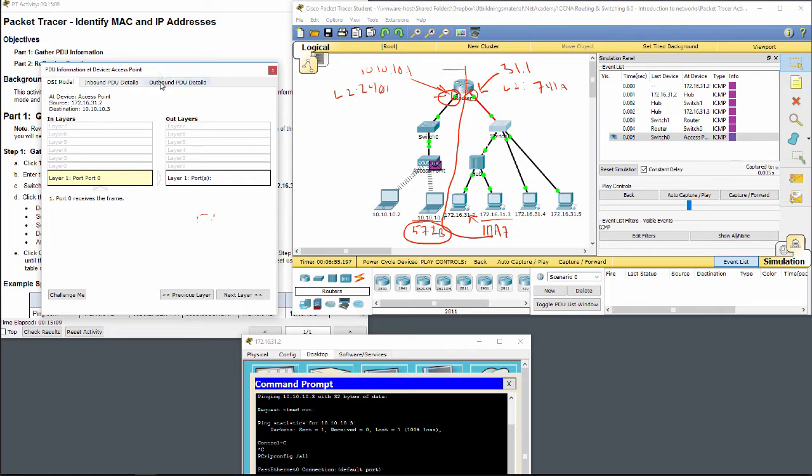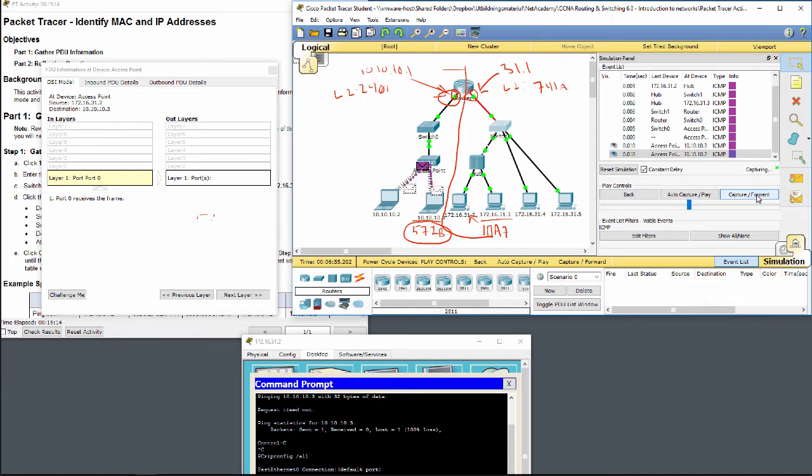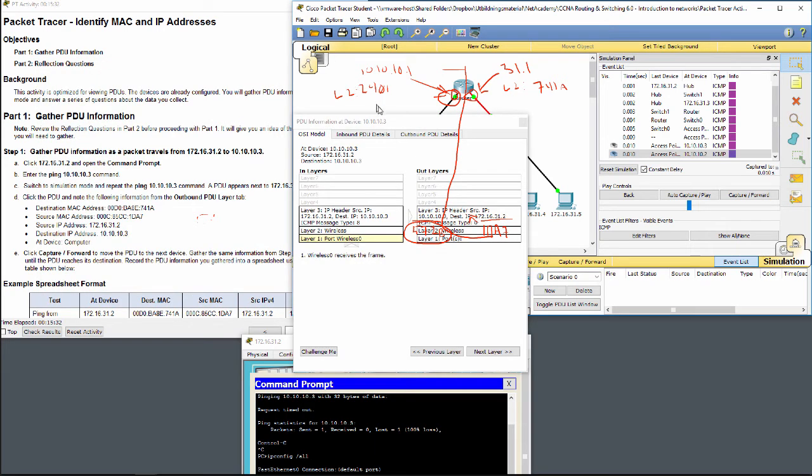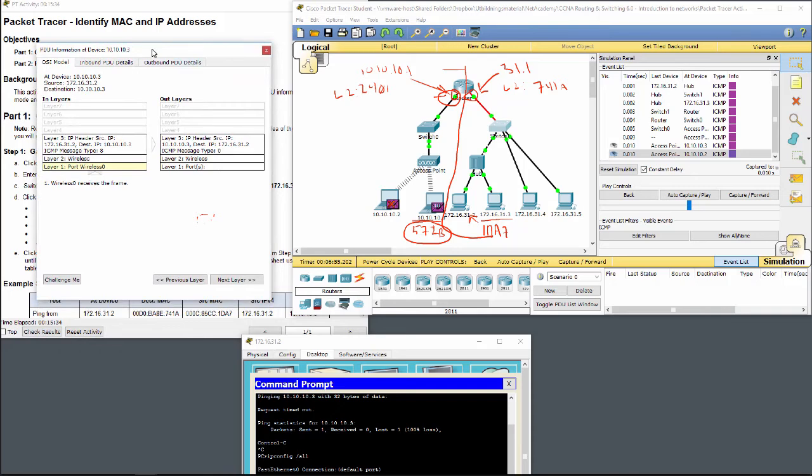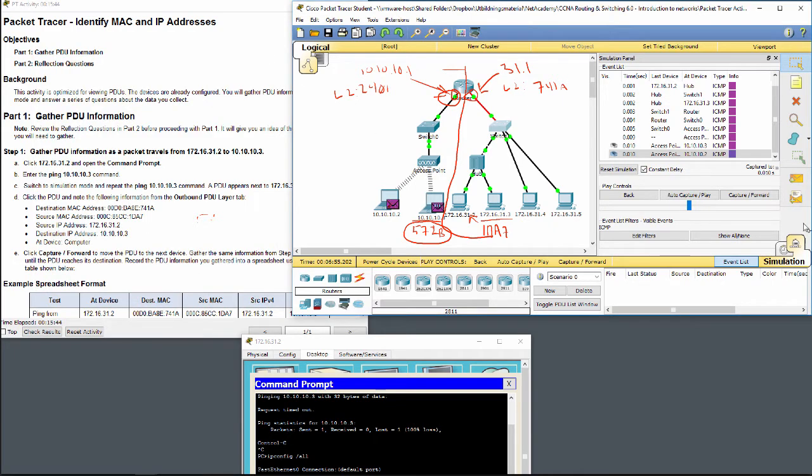So it sends the packet out on all ports. Since it's in the air, it cannot be more selective than that. So it sends the packets out to both the machines, but only the right one cares about it. So we can look at the packet here and see that layer 2 is wireless, and the layer 1 port is wireless as well.